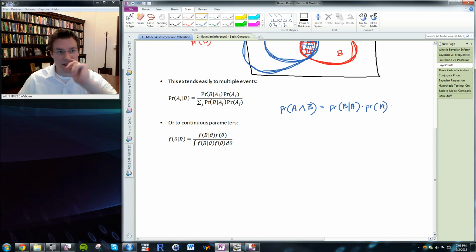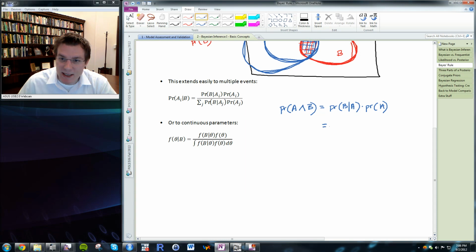There are various ways you can relate this back to elementary laws of probability, but this is reasonably intuitive to understand. If two things are going to happen, first we need to know what chance the first one happens, and then given the first one happens, how likely is it that the second one will happen?